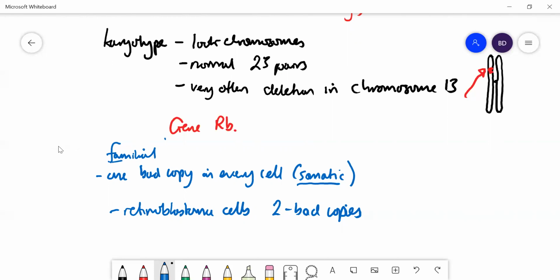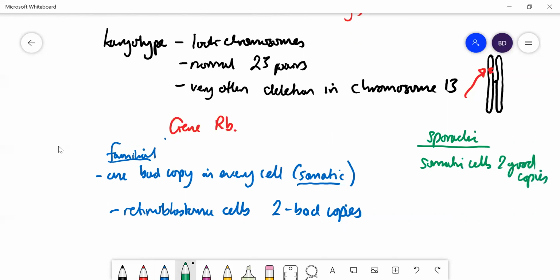That's in the familial. Let's have a look at the sporadic, and you can probably guess what happens with the sporadic. They had a look at all the somatic cells. The somatic cells all have two good copies. But the retinoblastoma cells, the cancer cells, have got two bad copies.